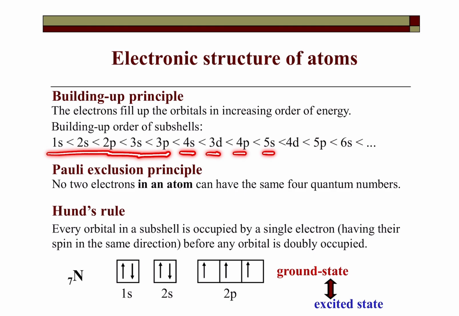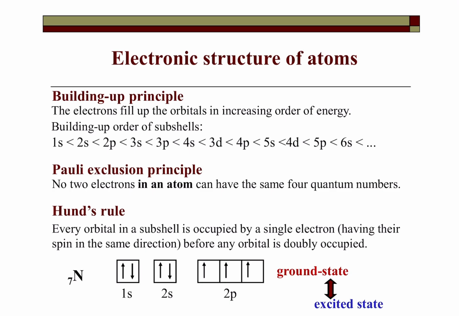In the 5th group we also have 5s, 4d, 5p, 6s, and we continue in this way. And it's very important: the filling of d orbitals and f orbitals is always after the s orbital, okay? It is just the place that changes here, you see? First the 4s is filled, then 3d.